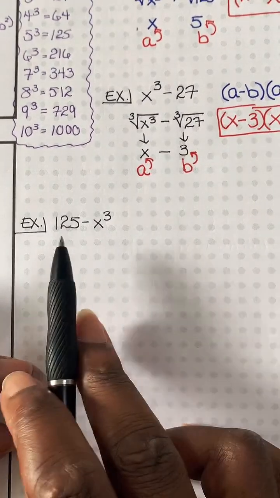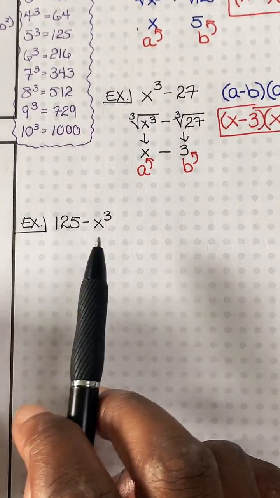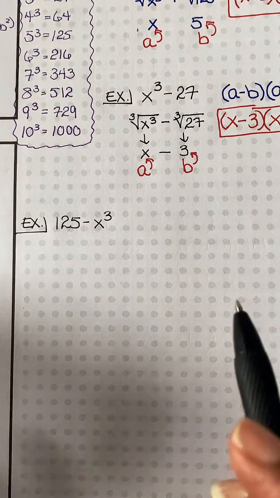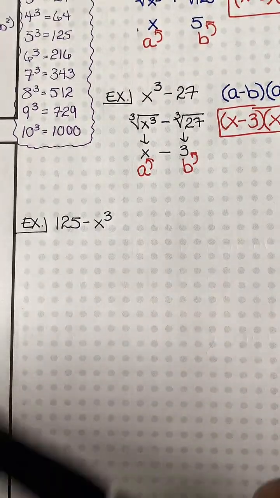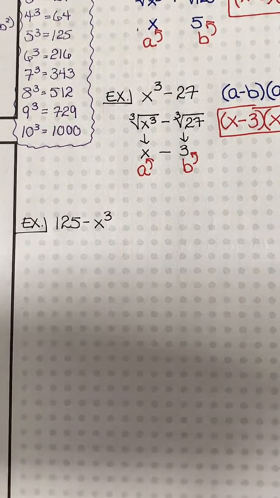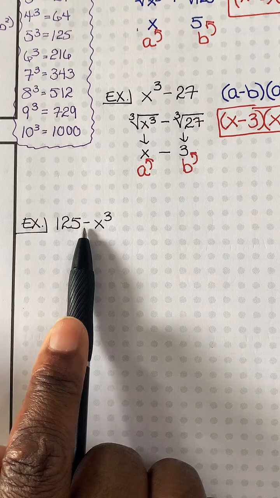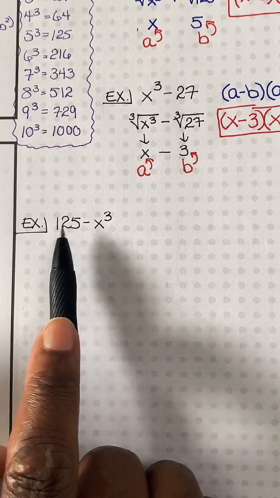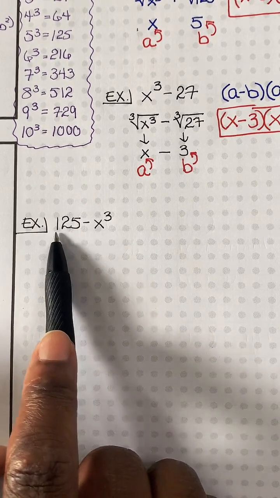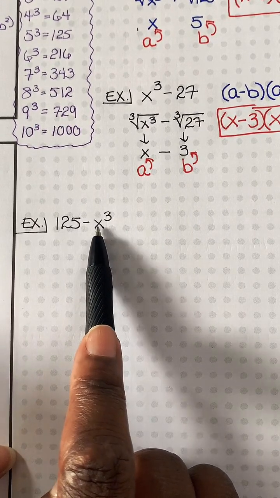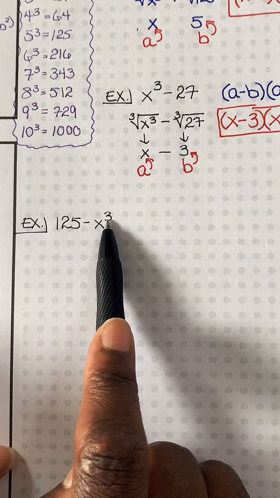So, in this case, I know it's kind of flipped around, but you can still flip it in this case. You're still doing the difference of cubes. Right now, we got our 125, and then we have minus our x cubed.